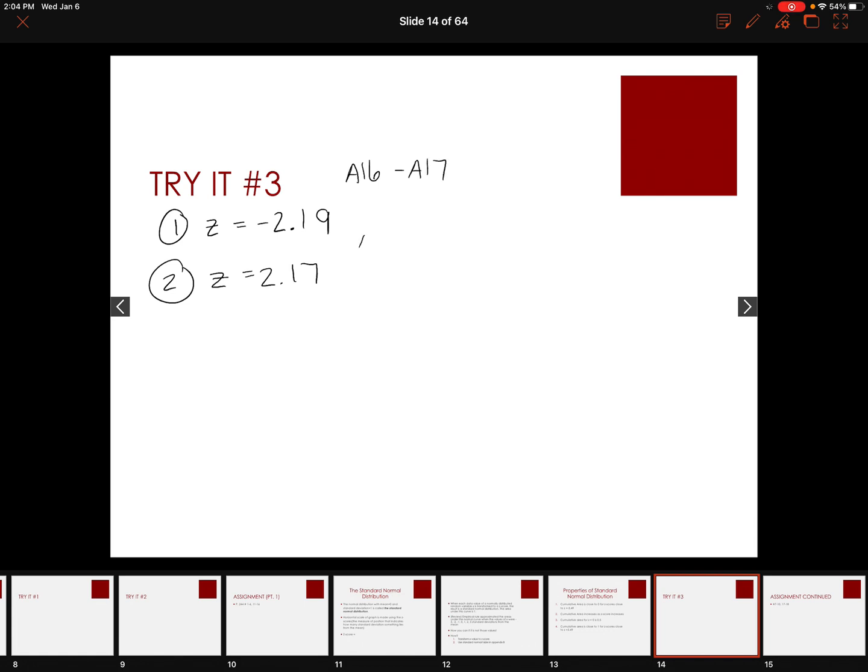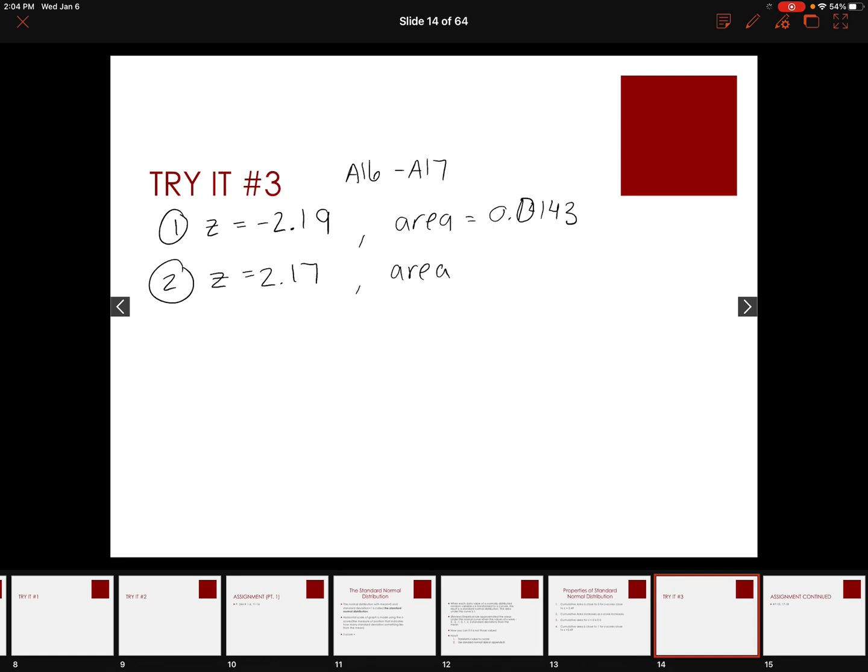So the z's are listed on the left-hand side. I'm going to go to -2.1 and then go over to 0.09 to find the area is 0.0143, which makes sense. It's close to 0 because it's not very far over.